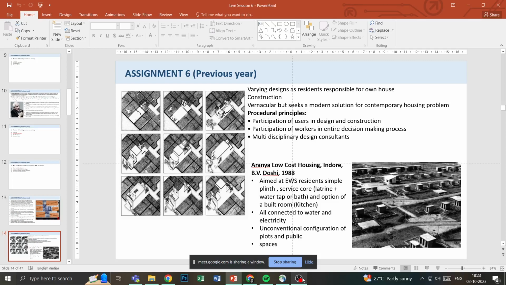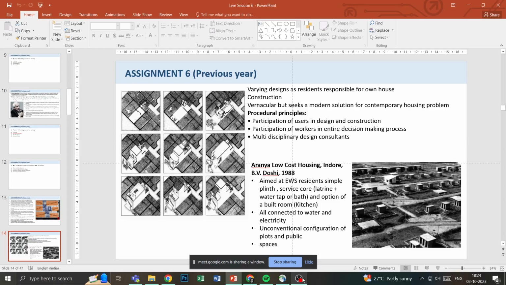The main principles of sites and services schemes are the participation of the users in design and construction, participation of workers in the entire decision making process, and multidisciplinary design consultants.